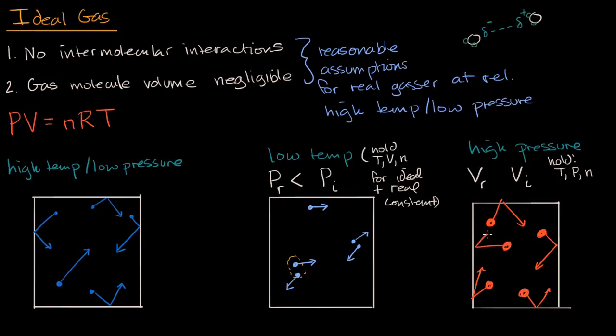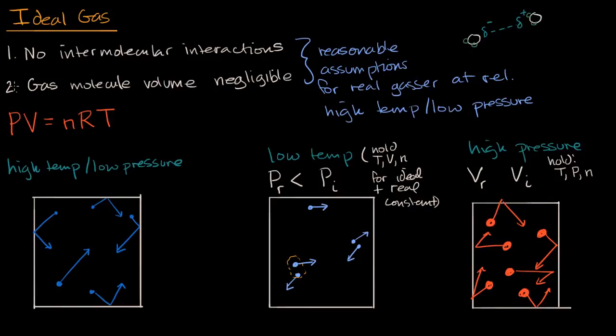But if the pressure is high enough, there are so many collisions going on, and the volume becomes consequential. So if you want to hold the pressure constant for the ideal gas versus the real gas, you would have to give the real gas more space, because the volume of the molecules is becoming consequential.